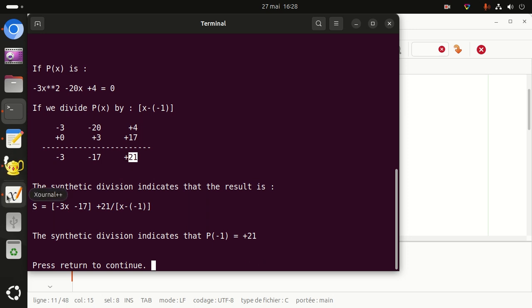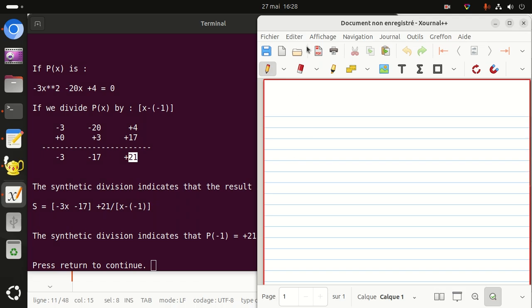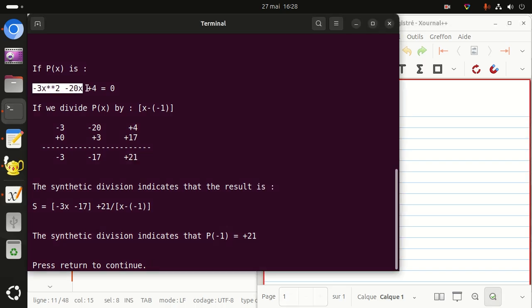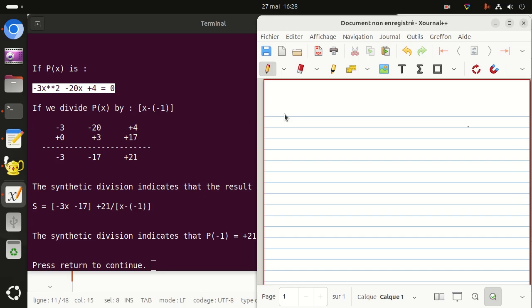Now I try to verify this. I copy the polynomial.